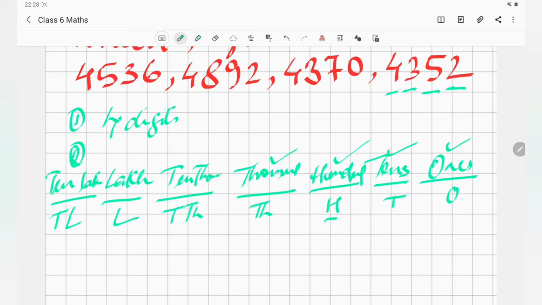So clearly the biggest number will be the one which has higher number of hundreds compared to anybody else, right? Because everybody has equal number of thousands. So the biggest number is 4892, which is the second option from left or third option from right.